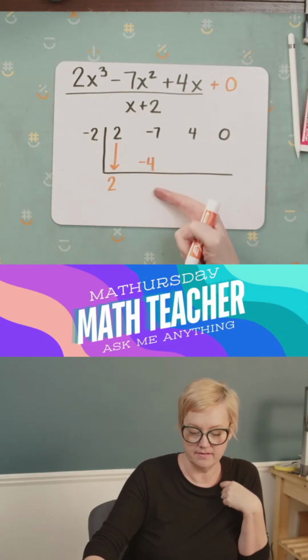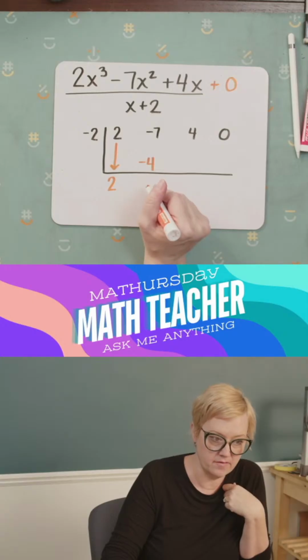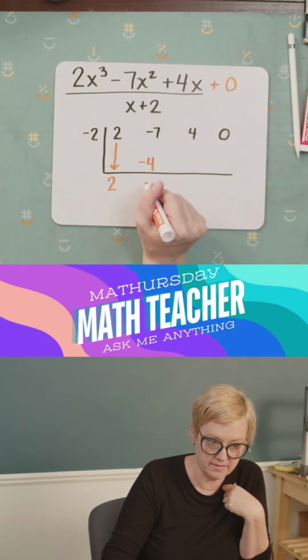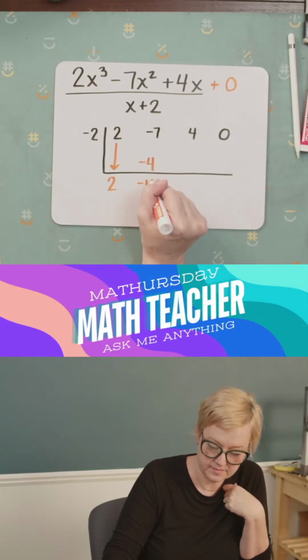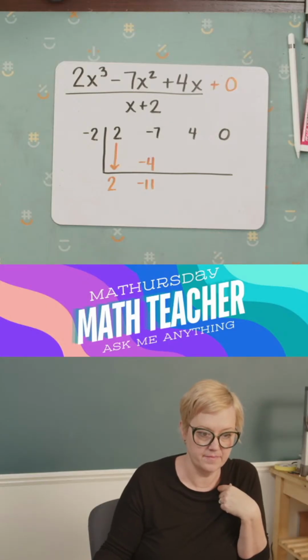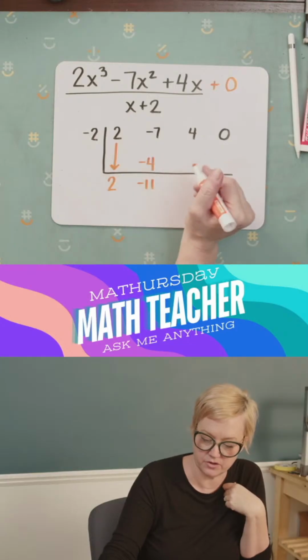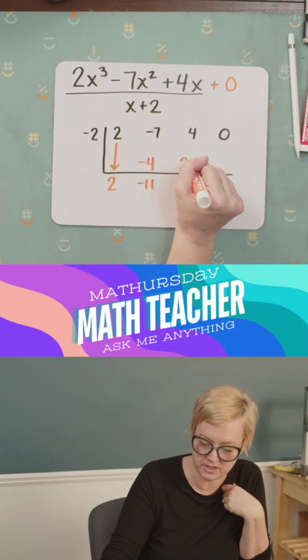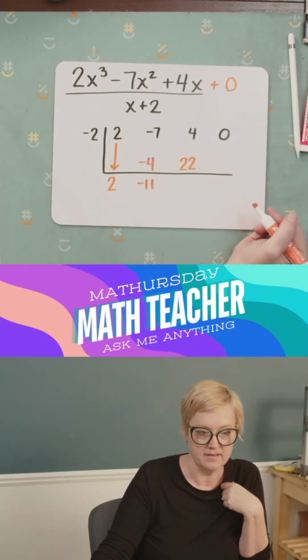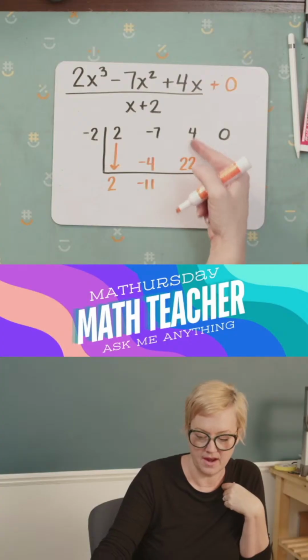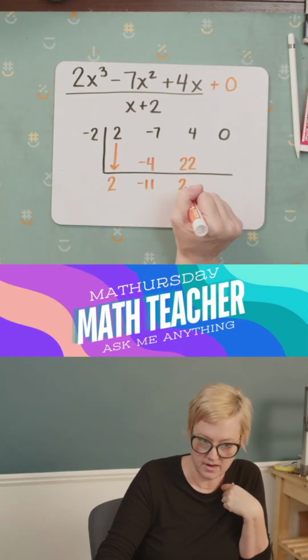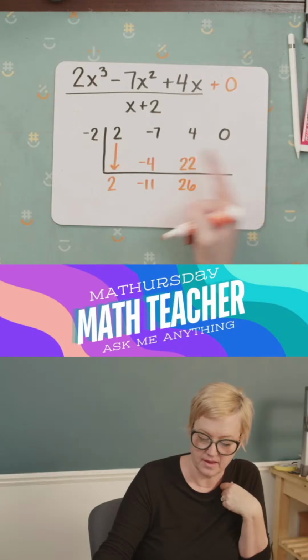And then I add. I have -11. Okay. So -11 times -2 gives me +22. And then I add them together, and I get 26.